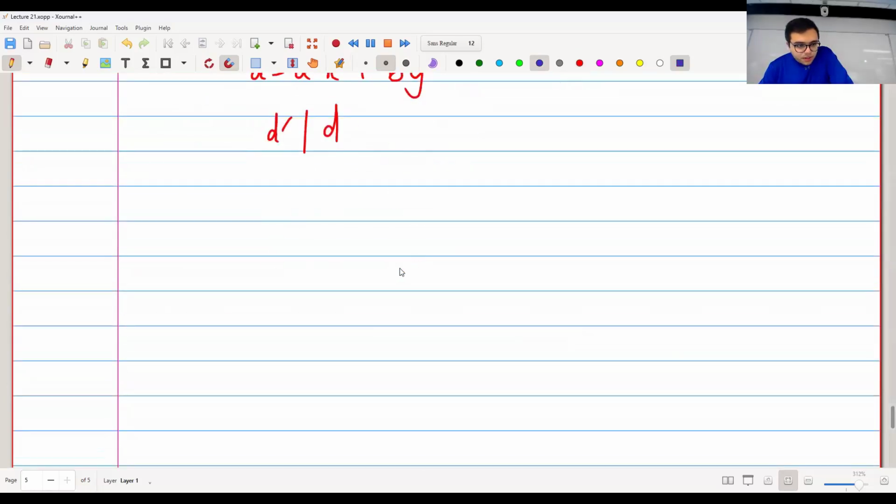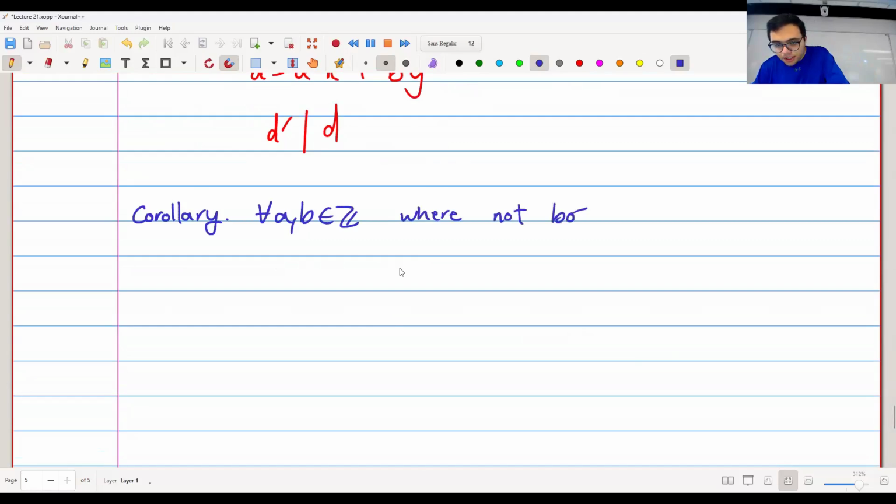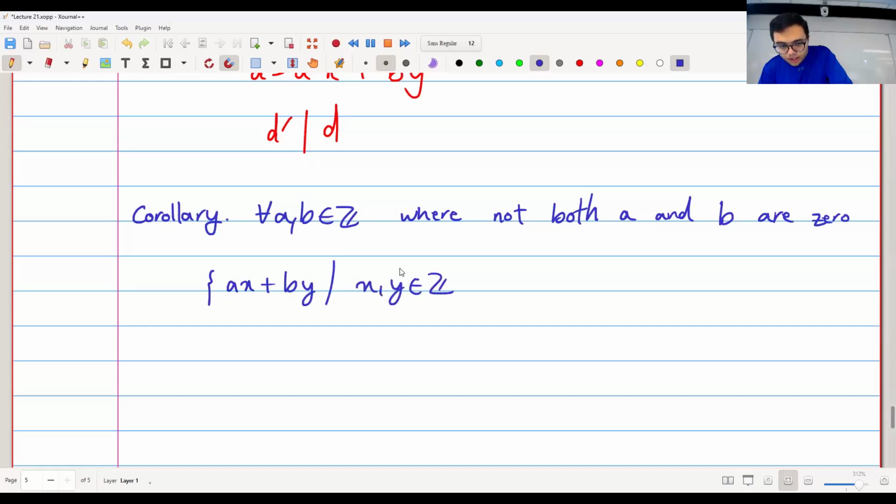So I can do this corollary here. I can say for every A and B, where not both of them are 0, if I look at the set of all the numbers that are of the form AX plus BY, this is just going to be the multiples of the GCD.